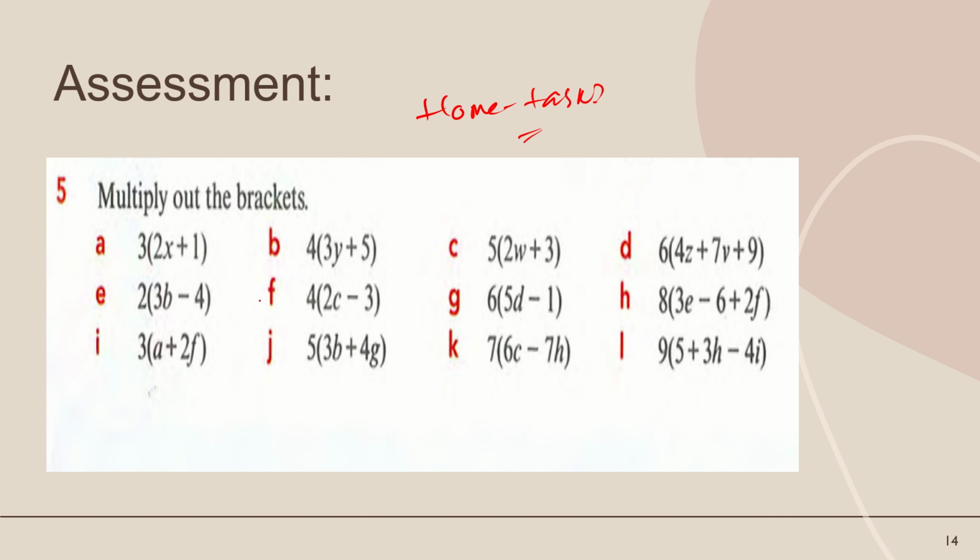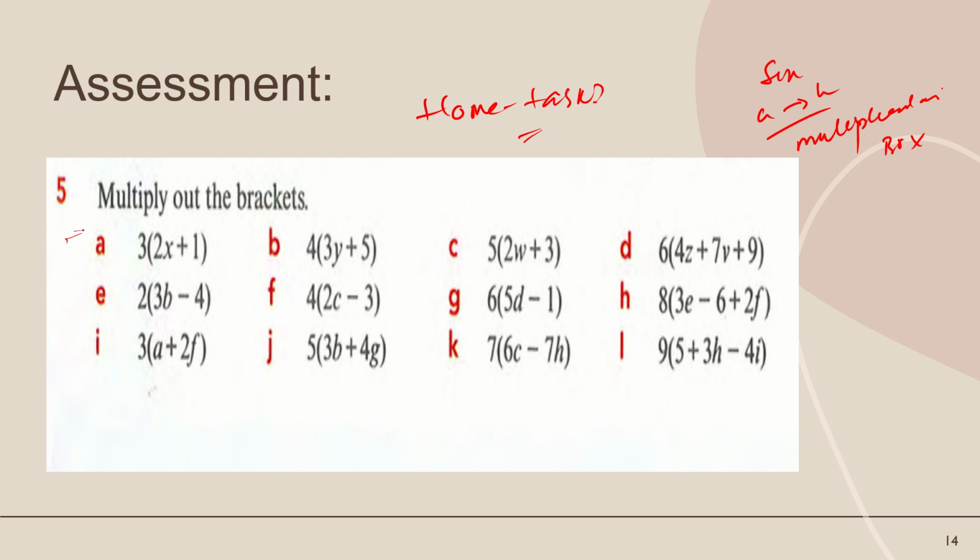I think there are a total of 12 parts. Solve the first 6, from A to H, by the multiplication box first.